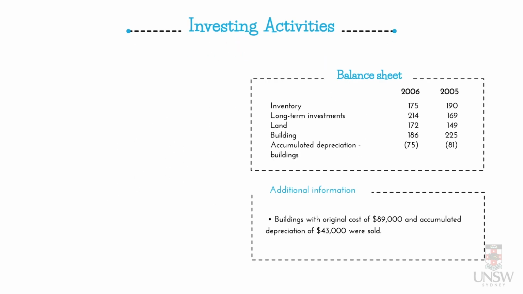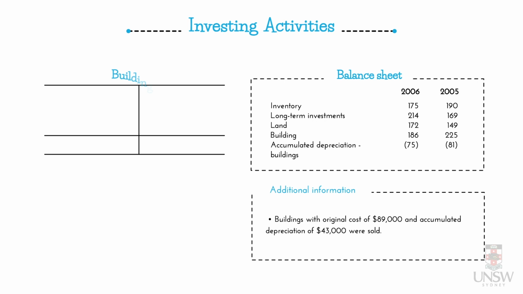Lastly, we need to check if there's been any purchases of buildings during the period. So we set up the buildings T account, put the opening balance of 225, closing balance 186. Then we put in the write down due to the sale. So the original cost of the building was 89. So 89 plus the closing balance 186 gives us 275 total credit side.